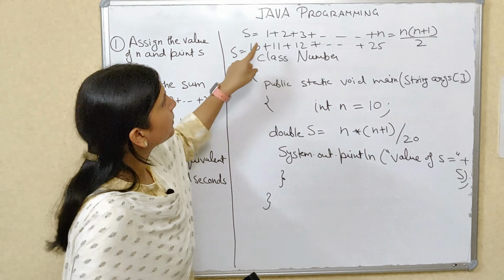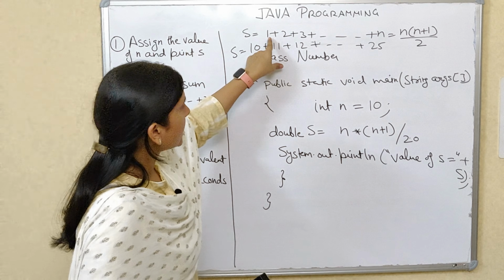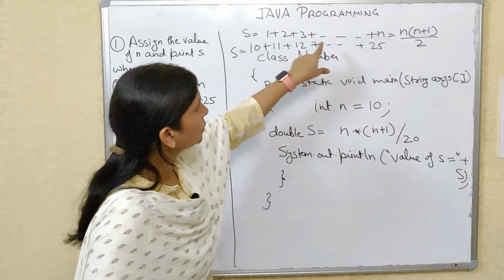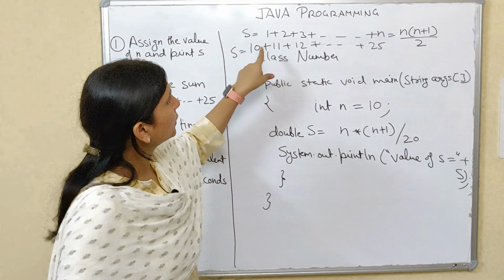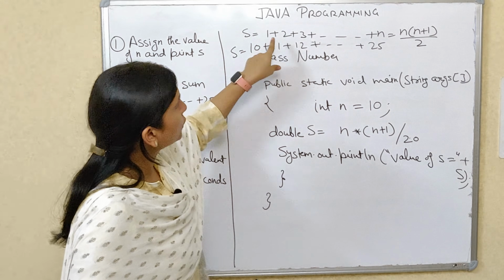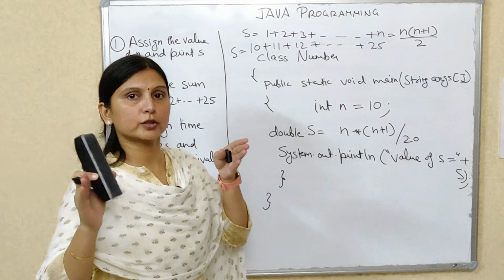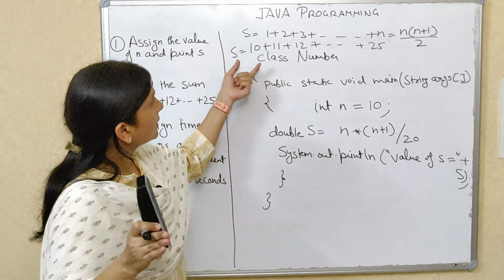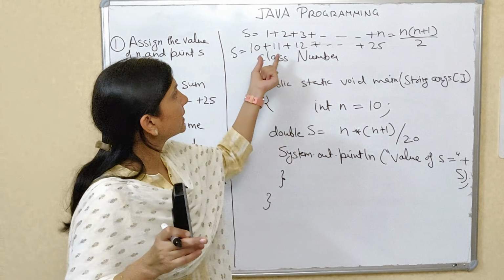So what will we do? First we will calculate the sum of the series from 1 to 25. Fine. Then we will calculate 1 to 9. So when you subtract the sum from 1 to 25 minus 1 to 9, what will you get?